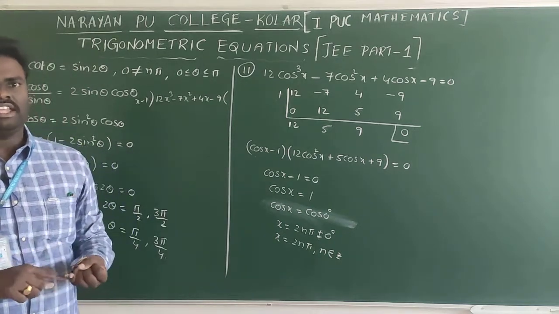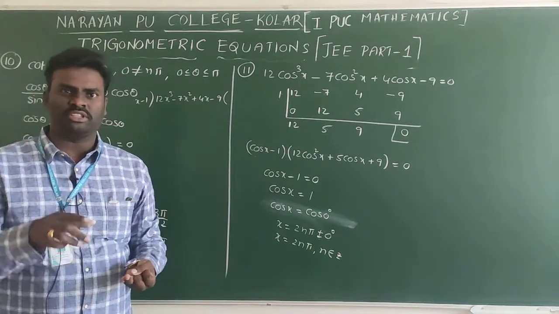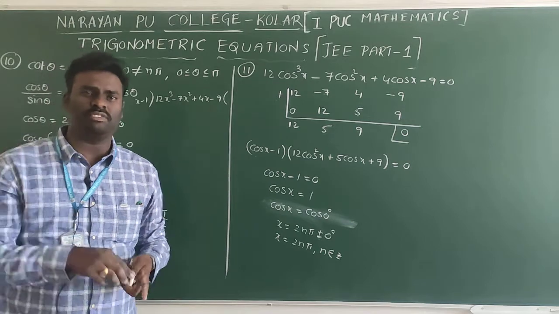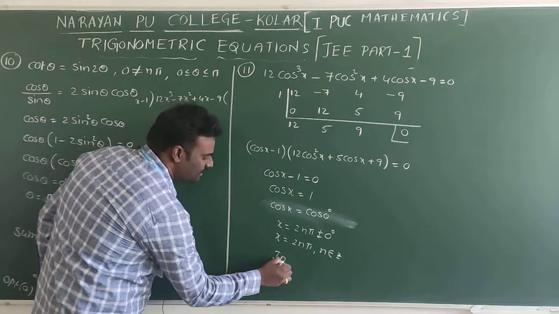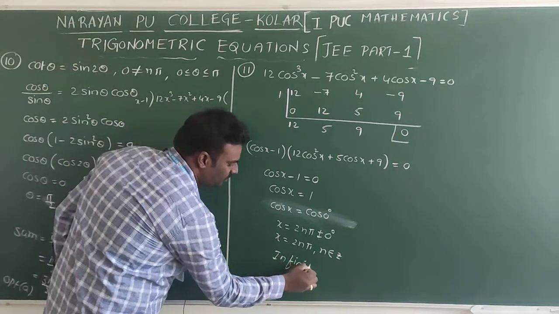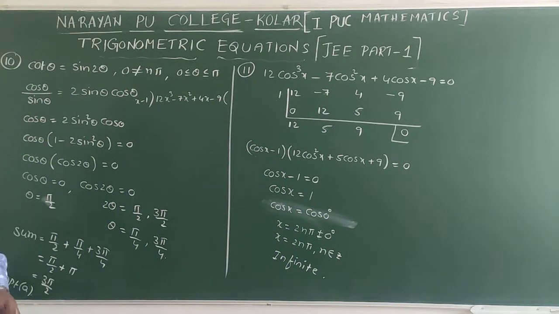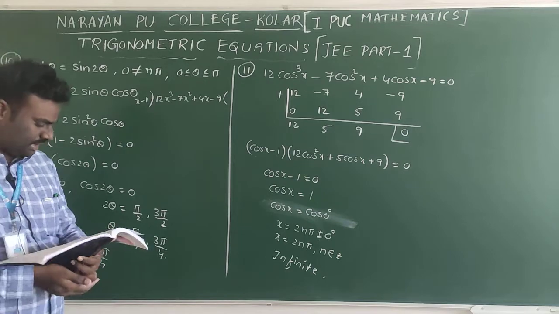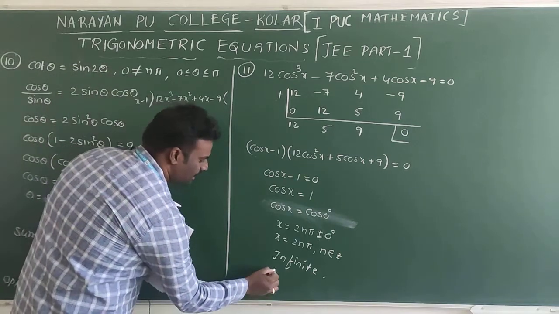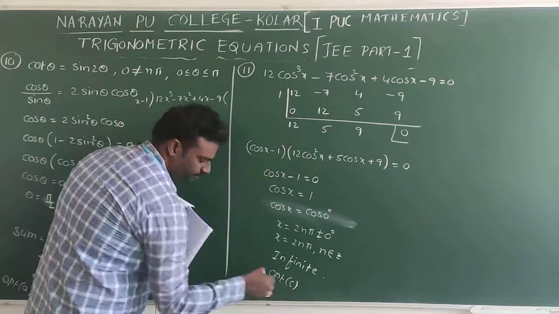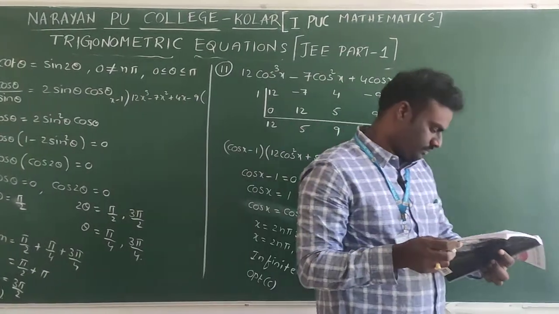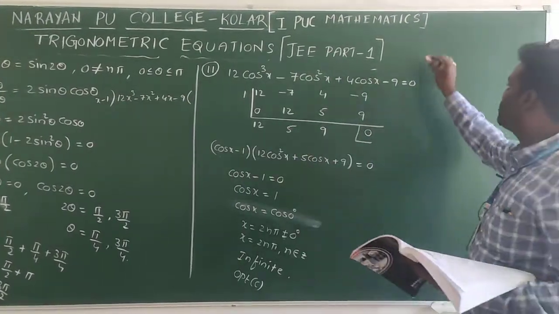If you take n is 1, one solution, n is 2, one more solution, 3, 4, 5, like that, how many solutions will we get? Infinite solutions will exist for this question number 11. That is nothing but option C is the correct answer. Next, 12th question.